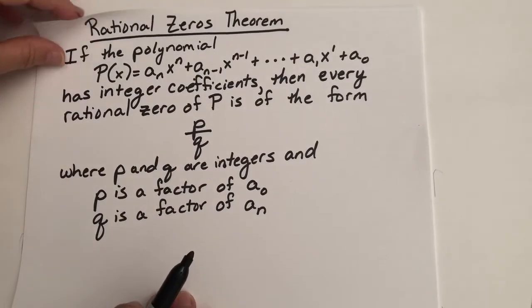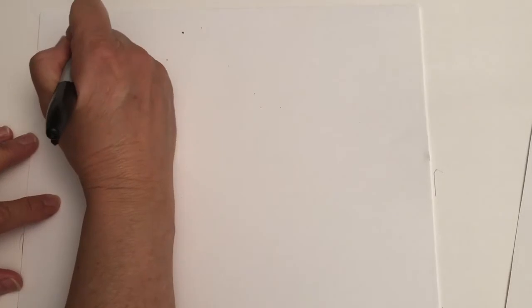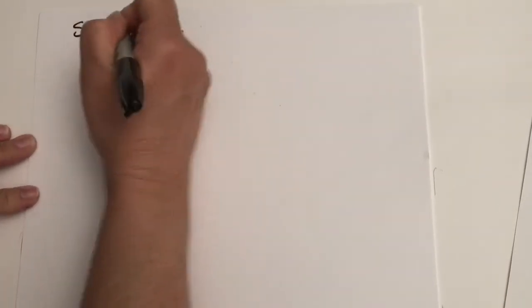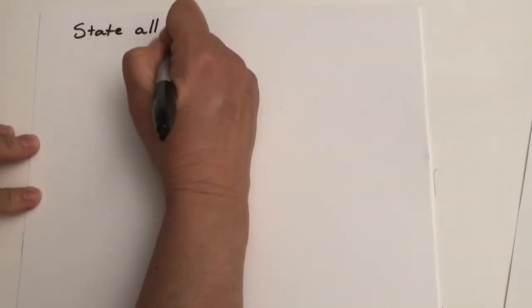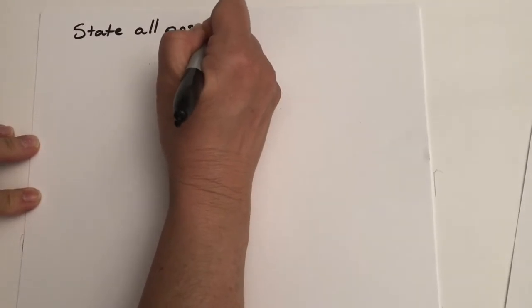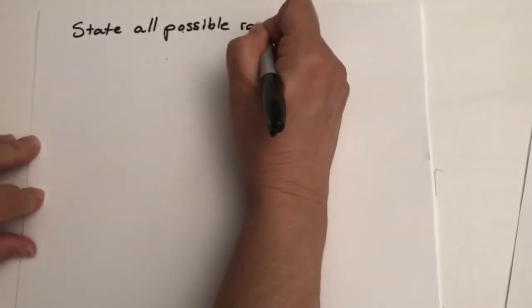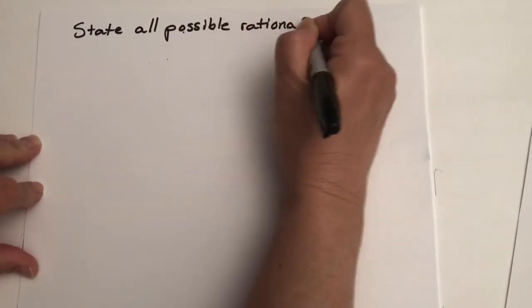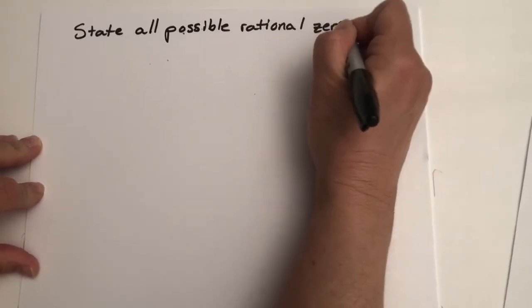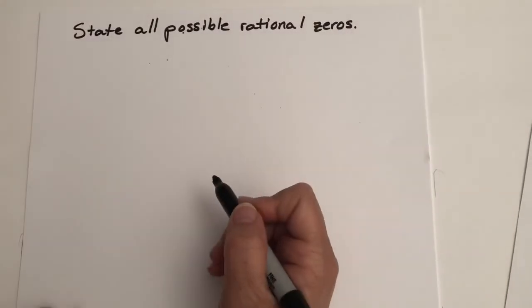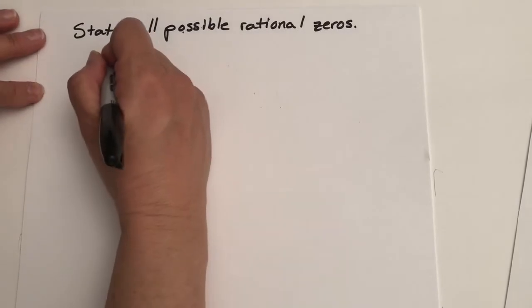So let's see that with a particular example. Let's just state all possible rational zeros based on the rational zeros theorem for this particular polynomial.